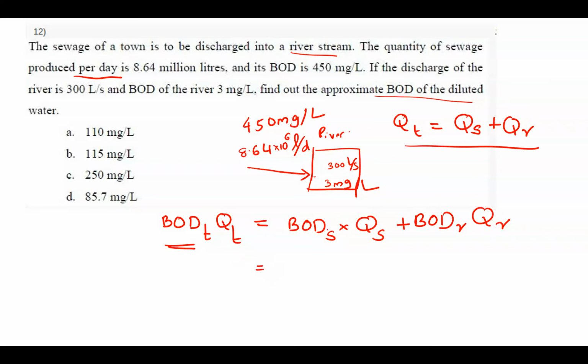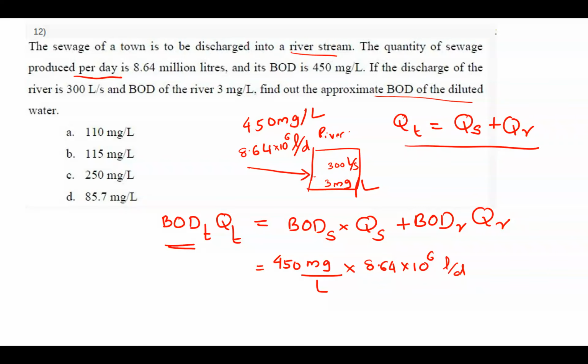So here first, the BOD of the sewage, it is given here, 450 milligram per liter into QS flow rate 8.64 into 10 to the power 6 liter per day. Then you have to convert this into liter per second.